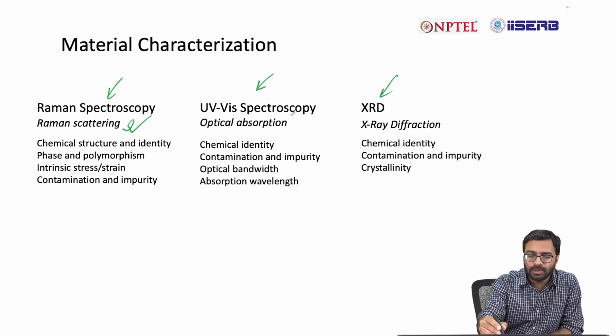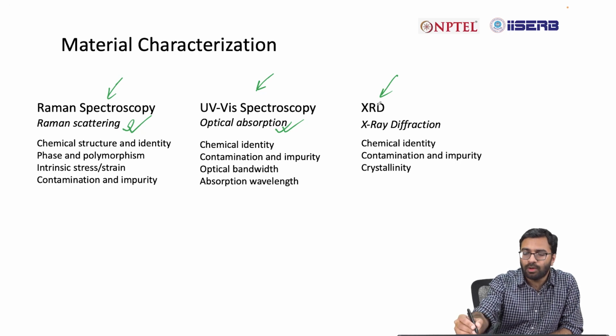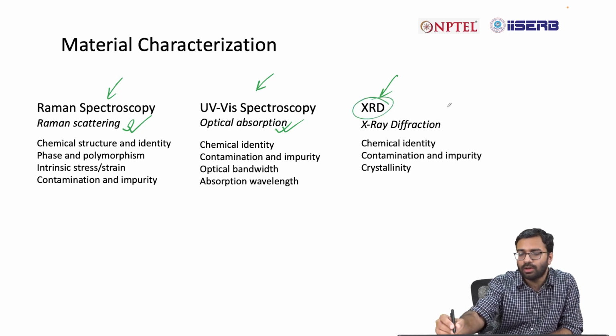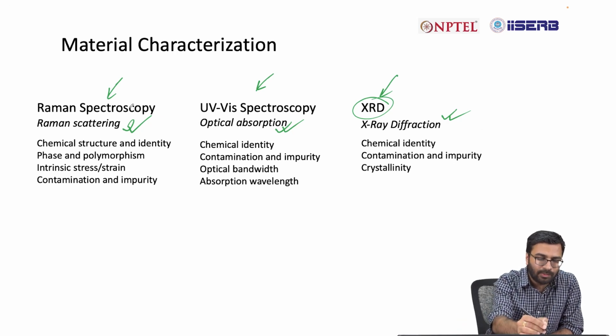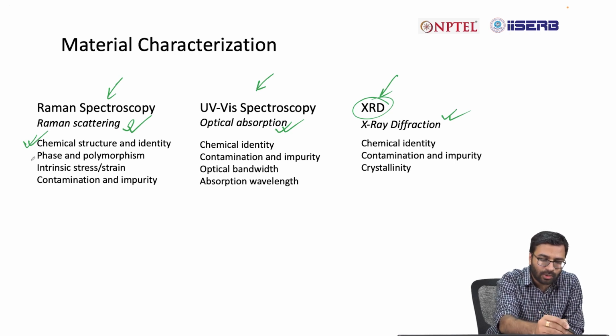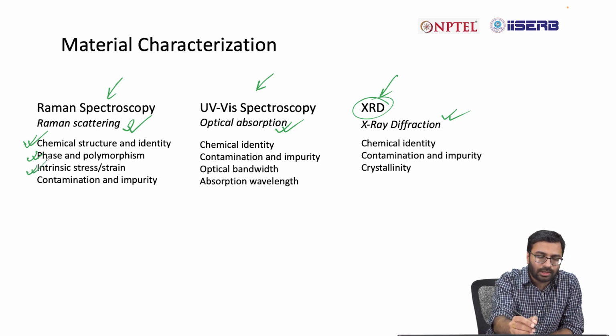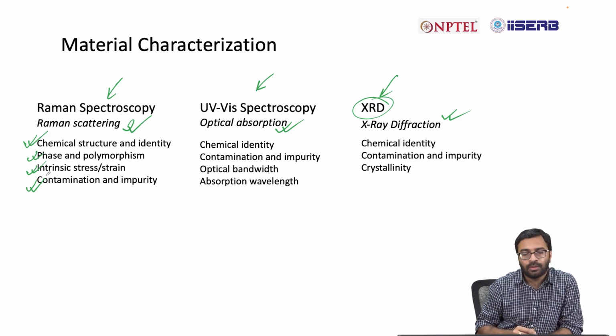For UV visible spectroscopy, it works based on optical absorption, and for XRD, it works based on X-ray diffraction. Using Raman spectroscopy, you will be able to get chemical structure and its identity. It will be able to detect phase and polymorphism. It is also capable of detecting intrinsic stress and strain. It can also detect contamination and impurity of the sample.